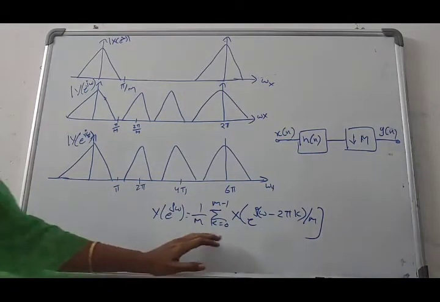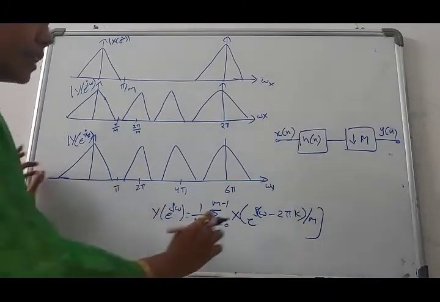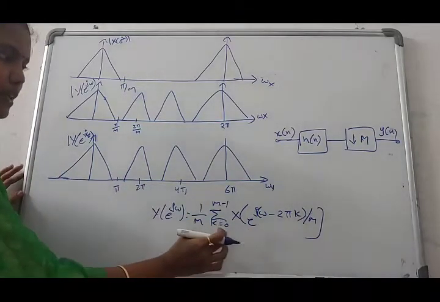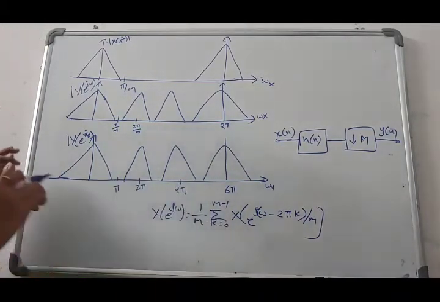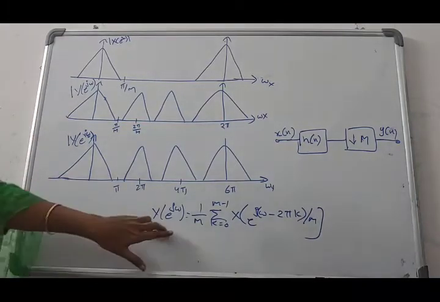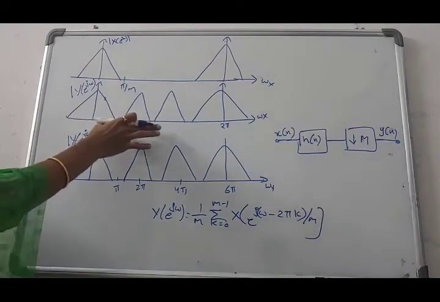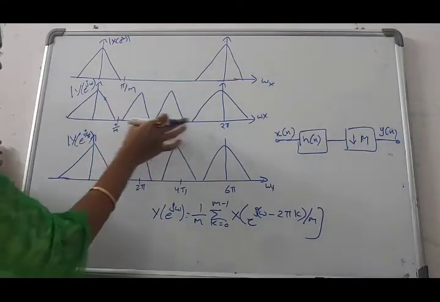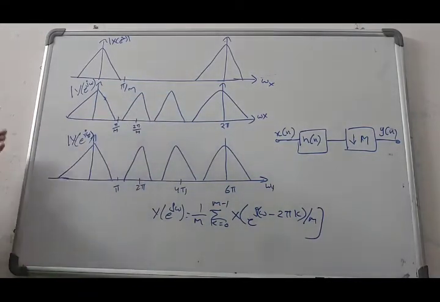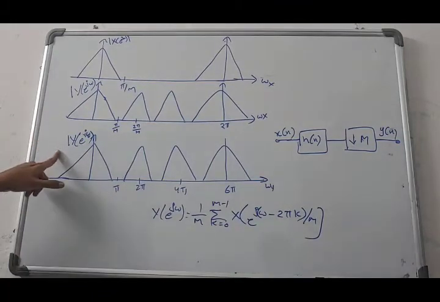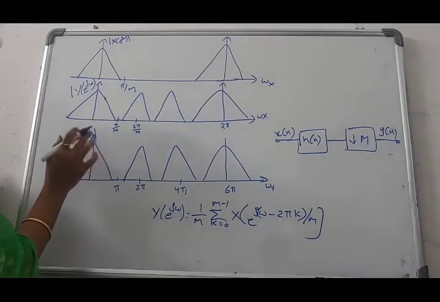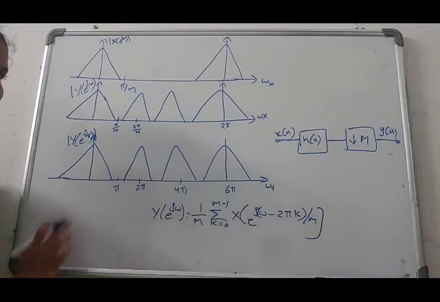Now here are the input samples for k is equal to 0 to m minus 1. So y of e power j omega can be obtained from the input x of n. You have to take equally spaced band limited signals. Then this is mod y of e power j omega with respect to omega.